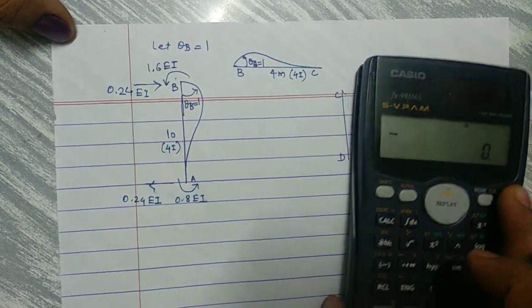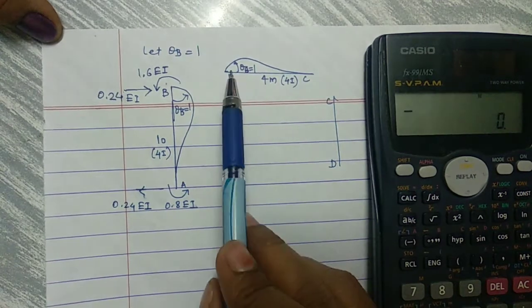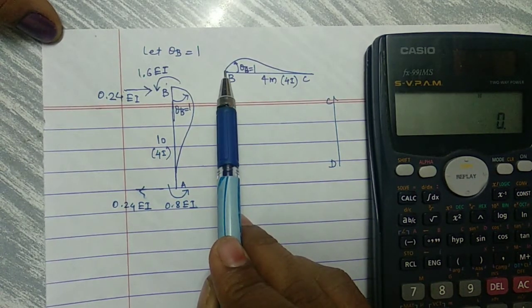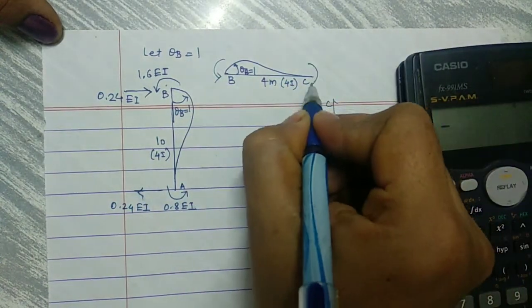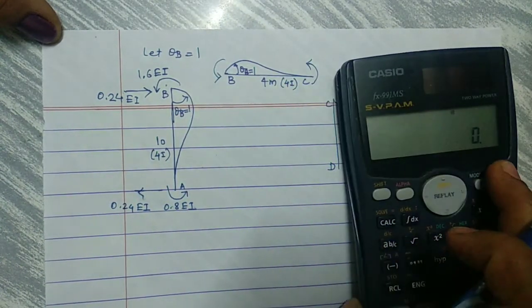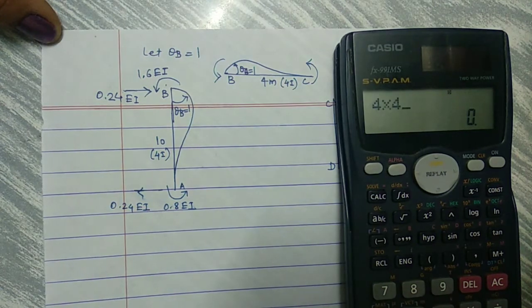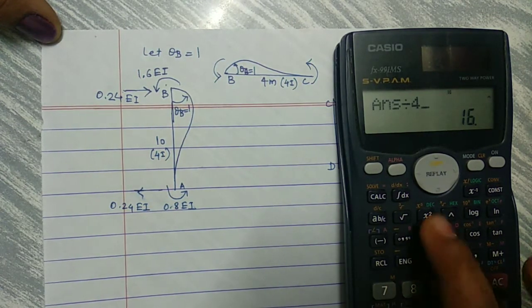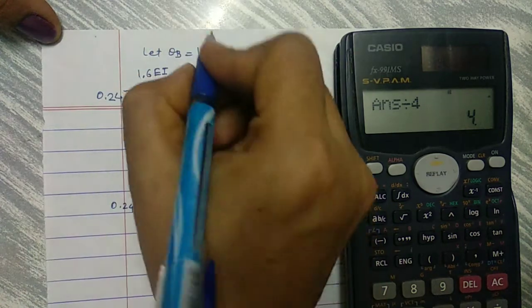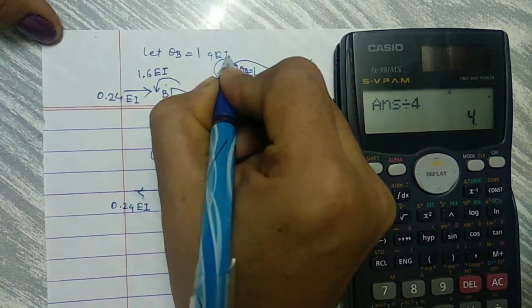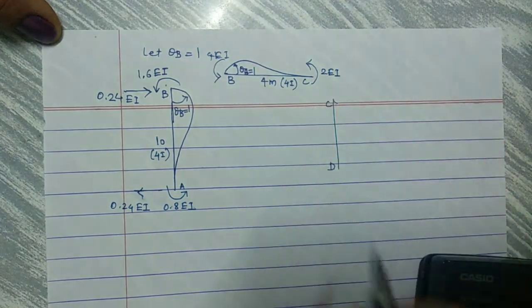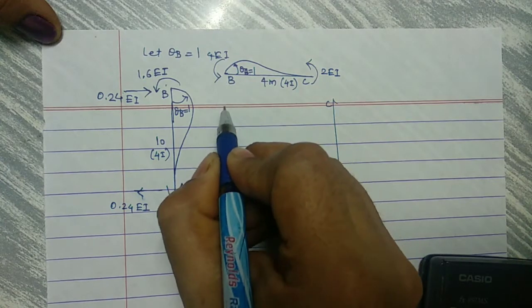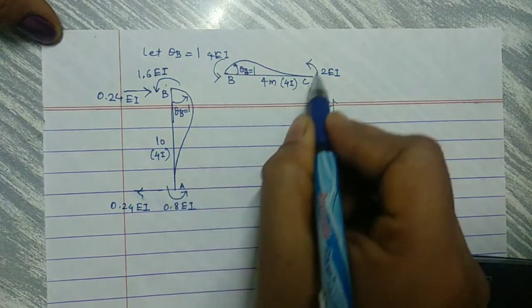Now for member BC, the stiffness, that is unit rotation, is given at B point. So here 4 EI upon L and here 2 EI upon L. Calculate that: 4 into 4 times inertia divided by length, so that is equal to 4 EI, the moment here, and at C point 2 EI upon L, so that is 2 EI. Now the reaction should be in a clockwise direction as moments are in anti-clockwise.